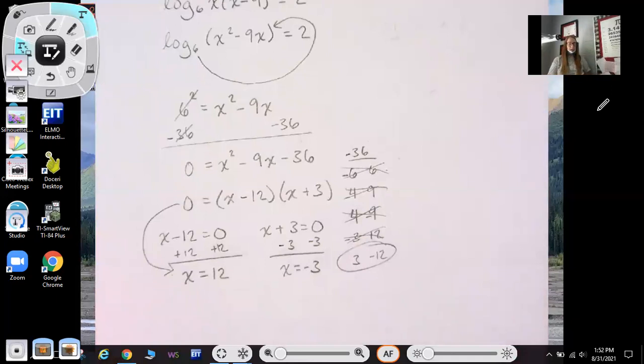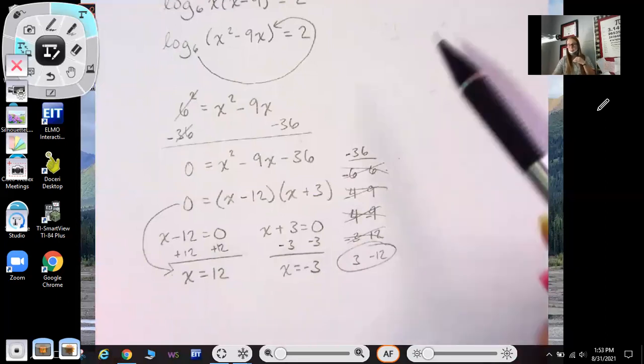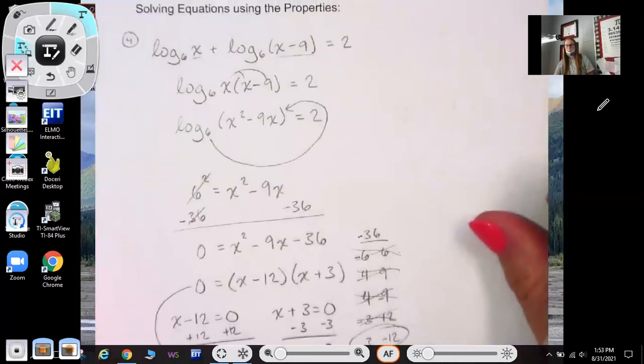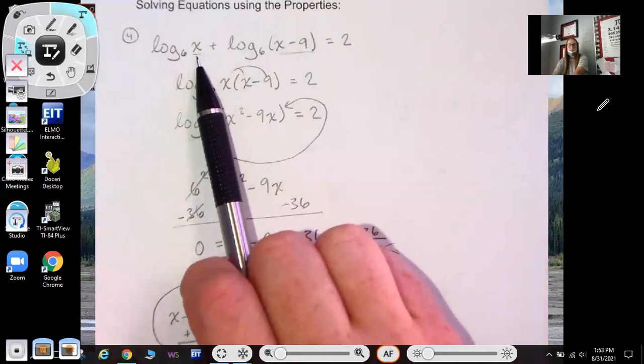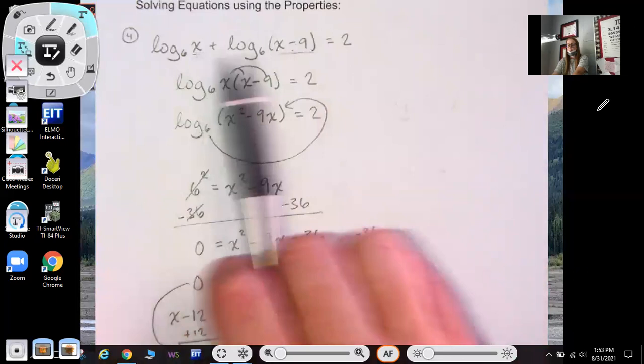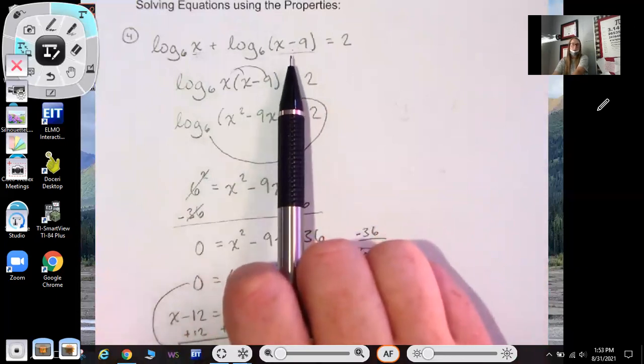Okay, once we get our two answers, or any answers that you get when you're working these problems, you have to go back and check them. Because what we learned yesterday is inside of a logarithm, this number, wherever x is, and this number, x minus 9, those spots in a logarithm cannot be negative numbers.